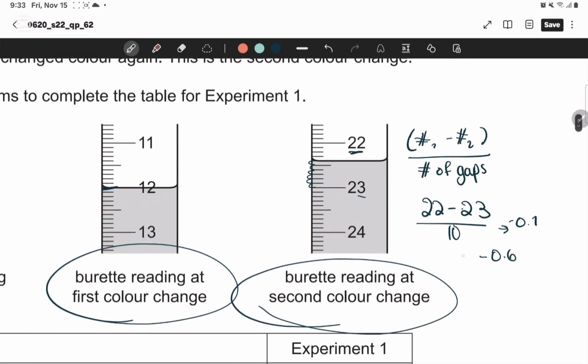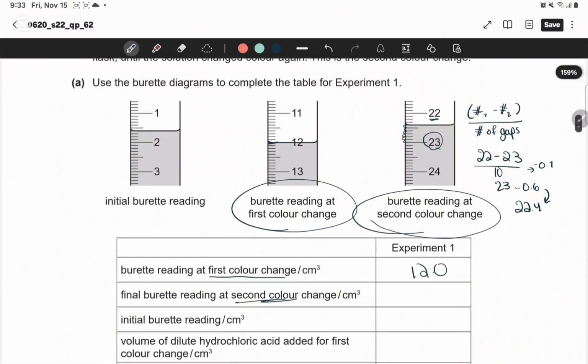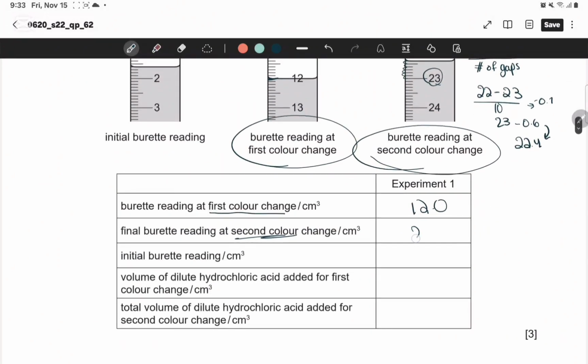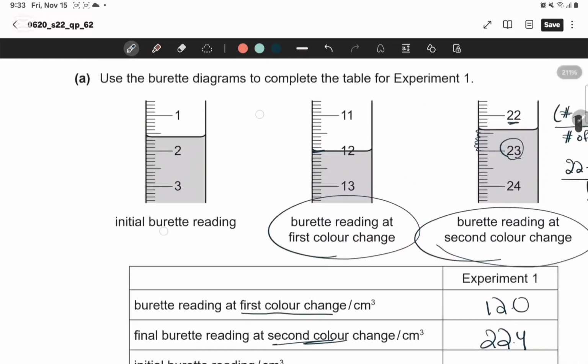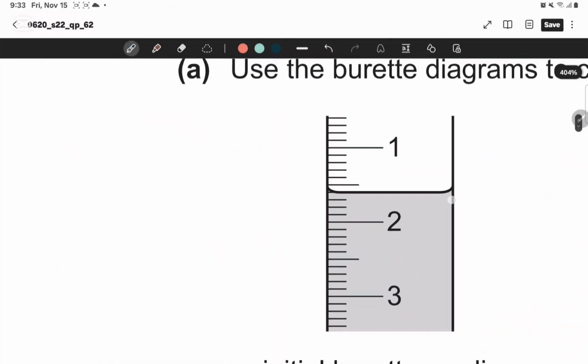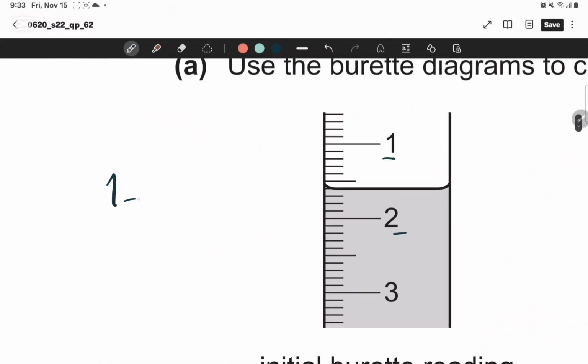We're gonna add that to 23. So 23 minus 0.6 is gonna be 22.4. So that's the number, 22.4.